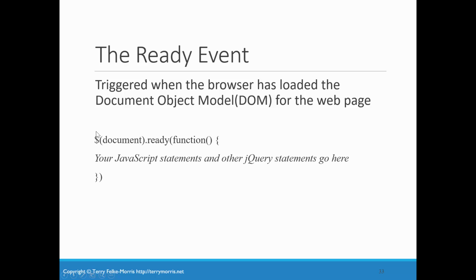The key thing when you work with jQuery is this ready event that you see right here. Notice it's triggered when the browser has loaded the DOM for the web page. So once the document object model has been created and loaded into memory, then in this document.ready function, you can put in whatever jQuery, which is just JavaScript, you want.